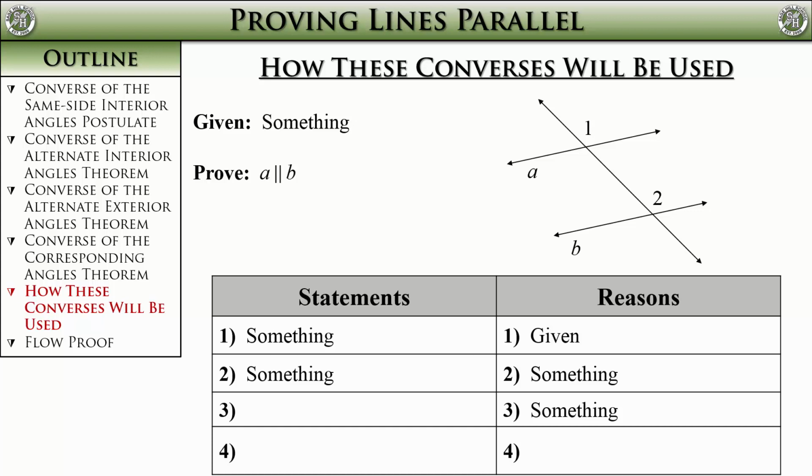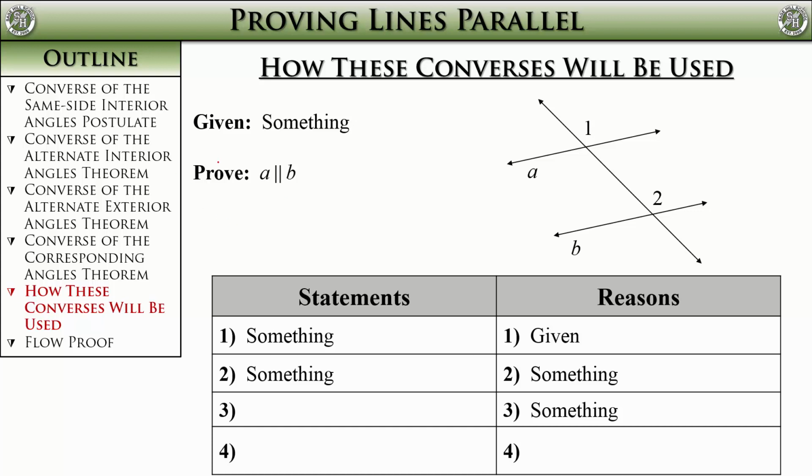I have said that the four converses from this section are the four main ways to prove lines parallel, and that is absolutely true. Next section we go over a couple more ways that prove lines parallel, but they are extremely minor compared to these four. These four do most of the heavy lifting. They're the ones that show up all the time. These four are the ones that you really need to get down very well.